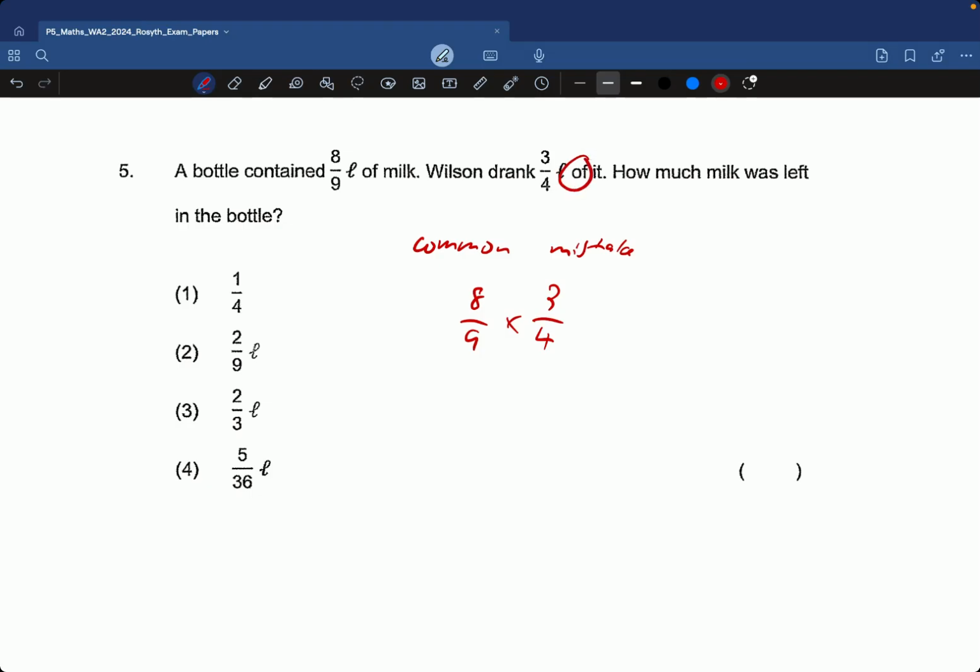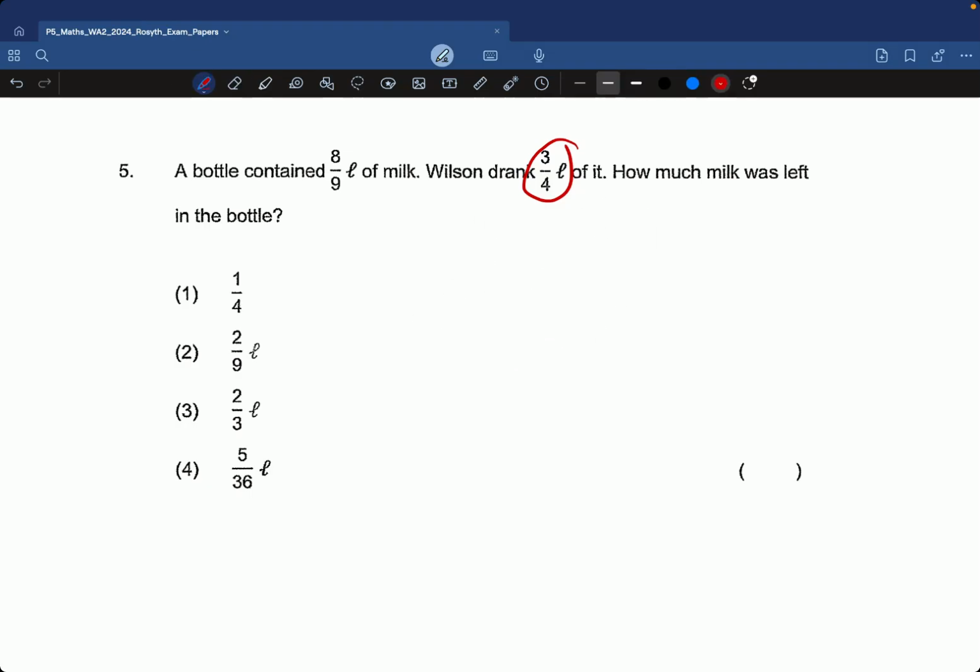No, no, no. When you see 3/4 of a liter, it honestly just says 3/4 of a liter, right? So you don't have to multiply, you just need to minus.